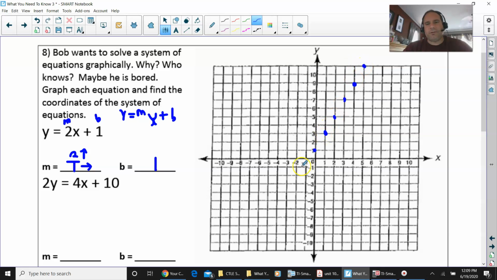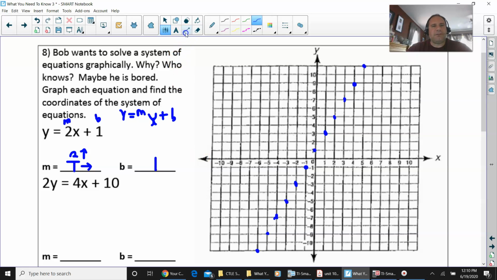So you need more points down here, and this trend must continue. So you go down 2, left 1, down 2, left 1, down 2, left 1, down 2, left. And you keep on going like that until you run out of space on the graph.